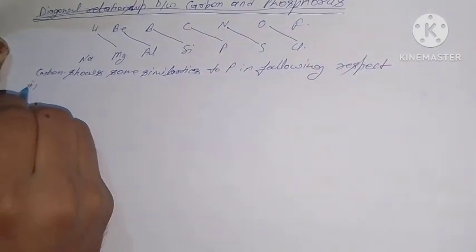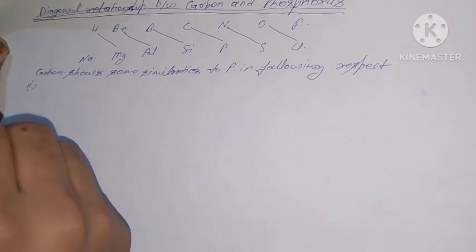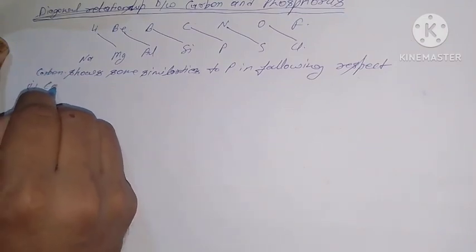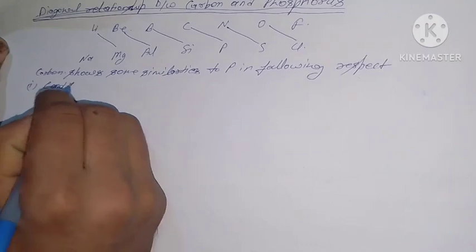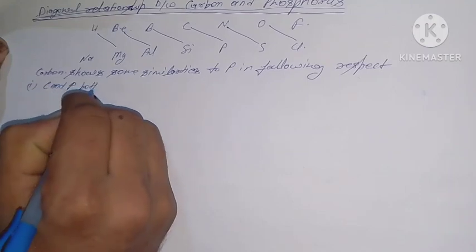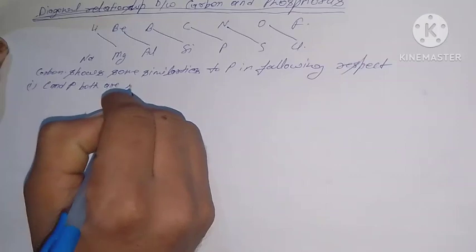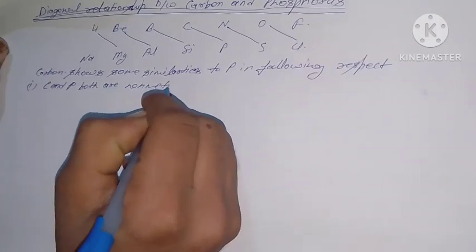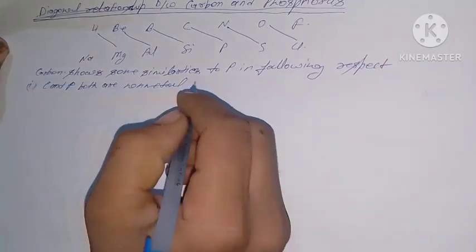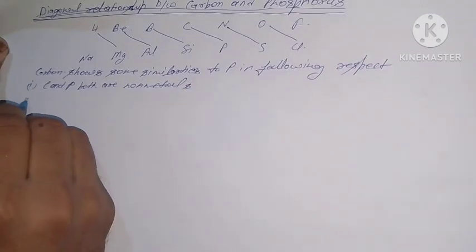First, carbon and phosphorus both are non-metals.